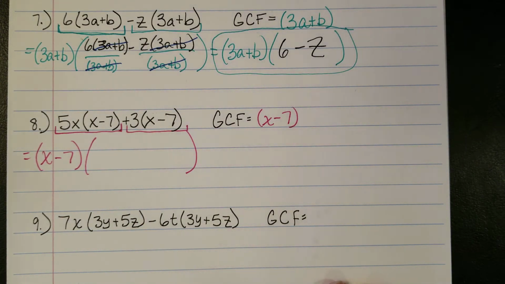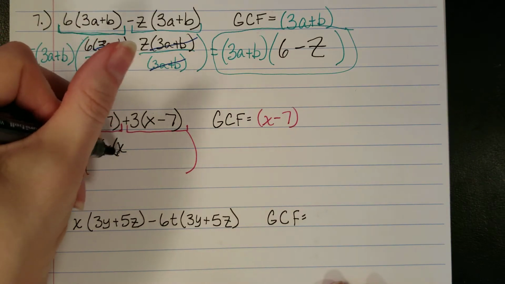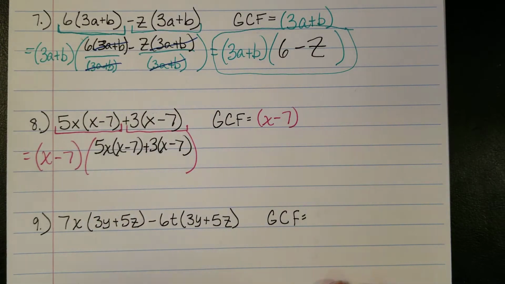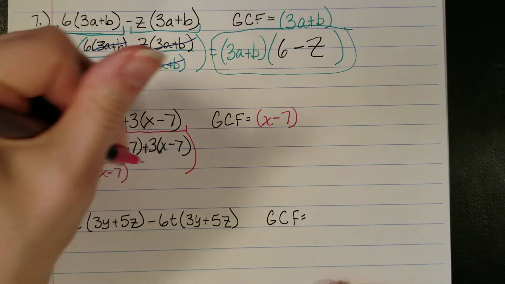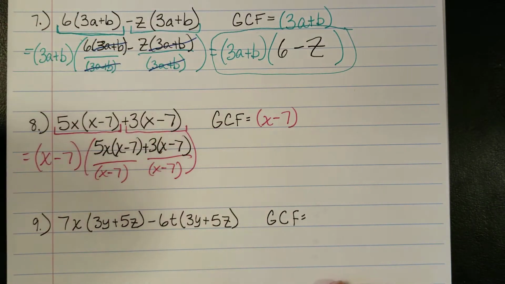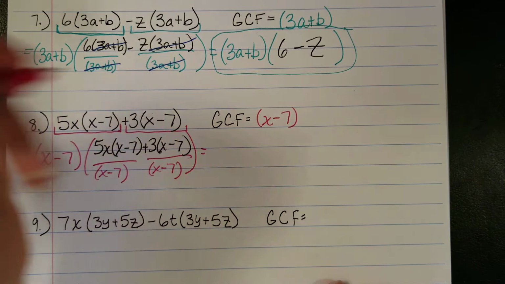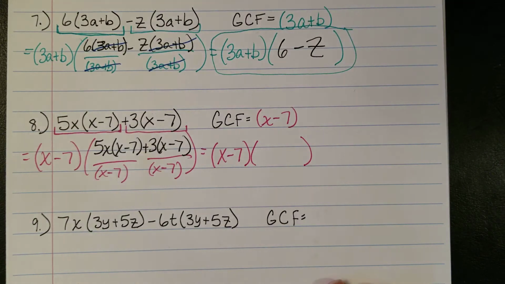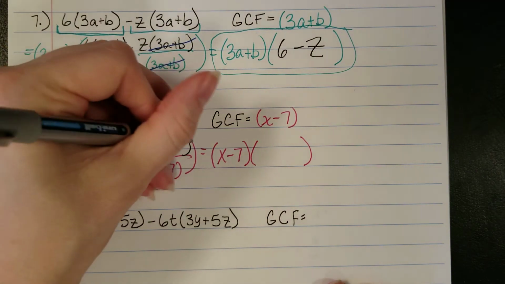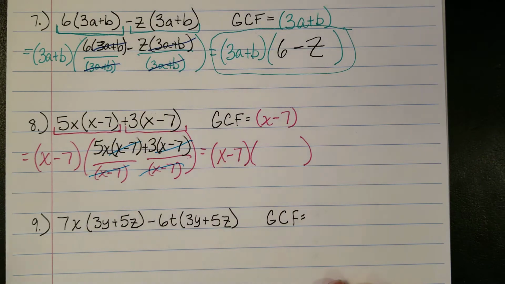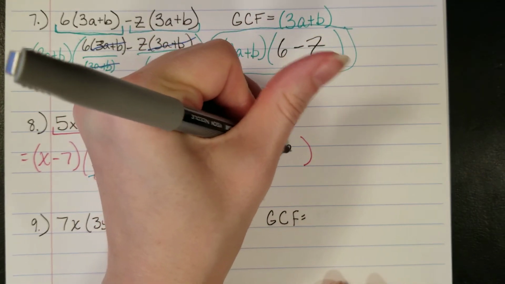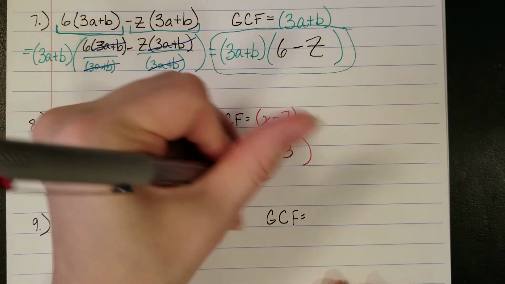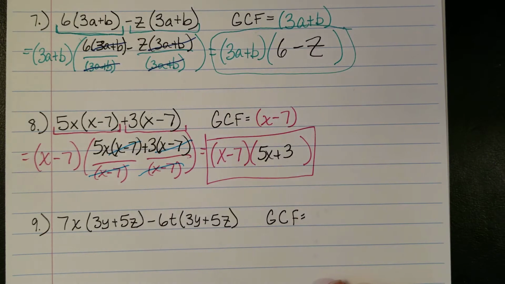And then, all right, so keep that x minus 7 in the front. Cancel out x minus 7 here and there. And then we're just left with 5x plus 3. And that's our final answer for that. Okay.